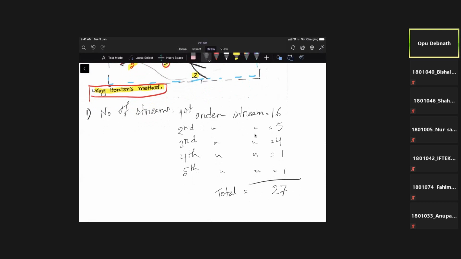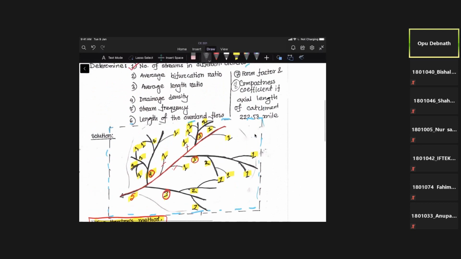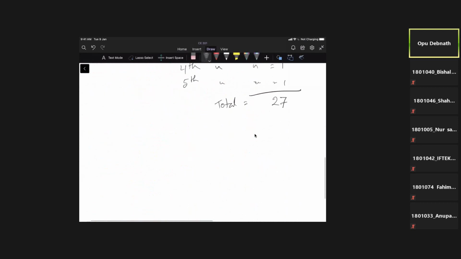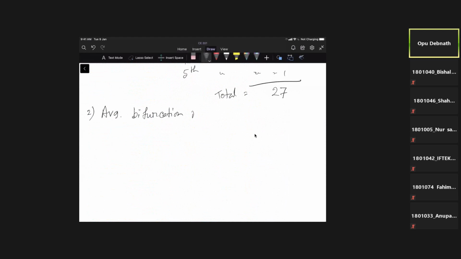And our second one is the average bifurcation ratio. So let's start analyzing number 2, the average bifurcation ratio.